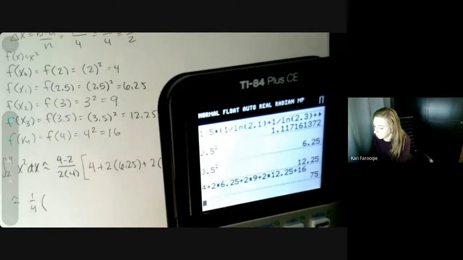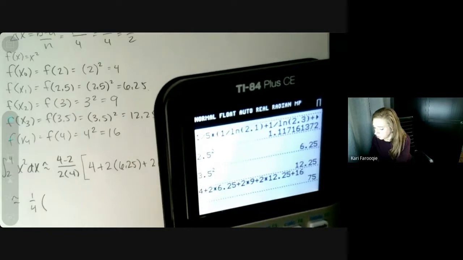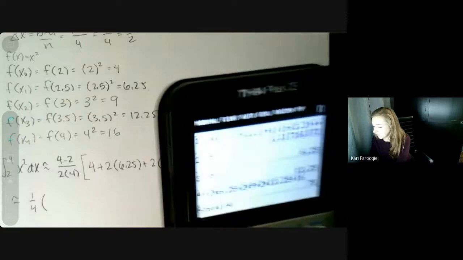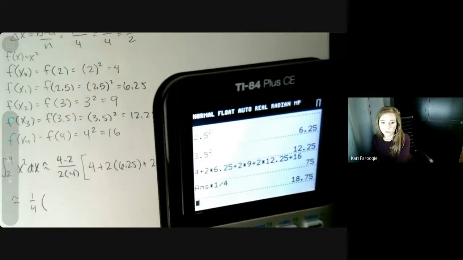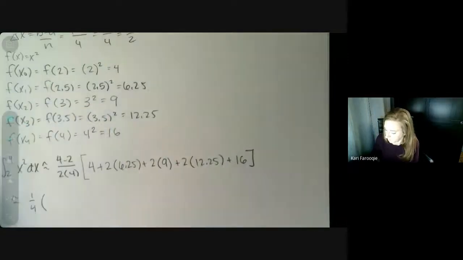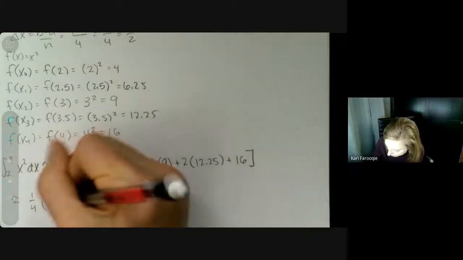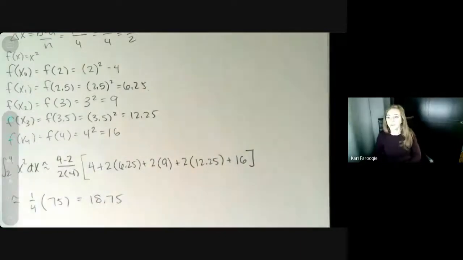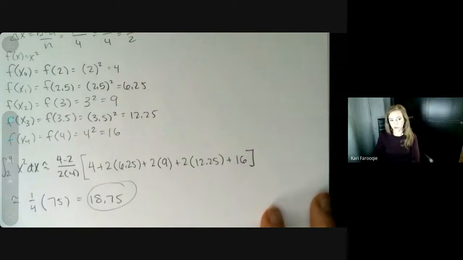So 1, 2, 3 terms being multiplied by 2, and then divide that by 4 or multiply it by 1/4 if you want to think about it that way. And you should get 18.75. So this is the n equals 4 trapezoidal approximation.